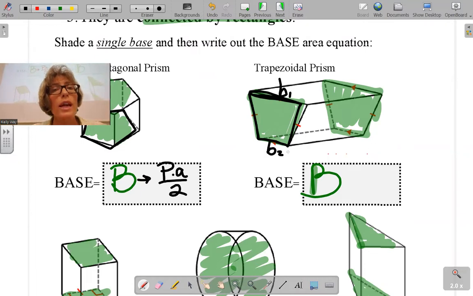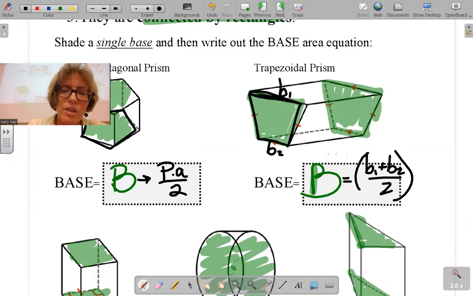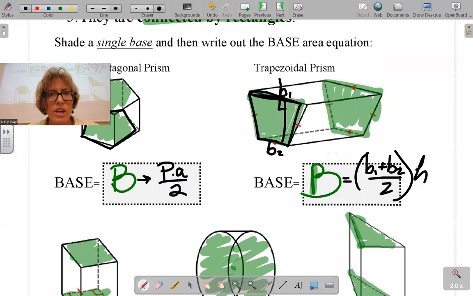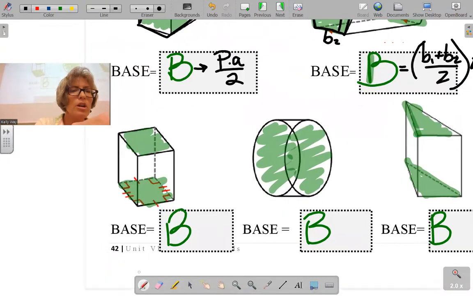Notice I have lowercase b's. That's because they're one dimension, they're only length. So for this trapezoid, we would average the bases times the height of the trapezoid. All of this is showing you that the B can change depending on the base. Here, if it's a square or a rectangle, your base is simply length times width.